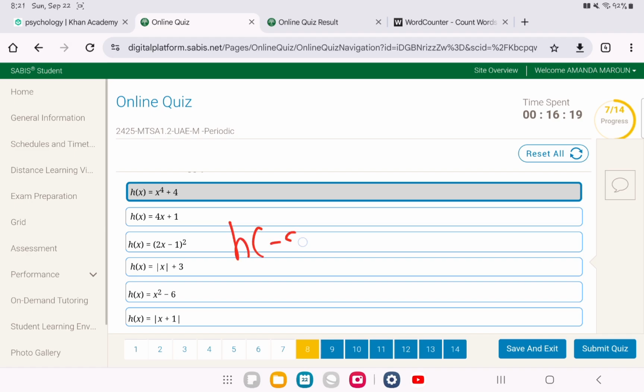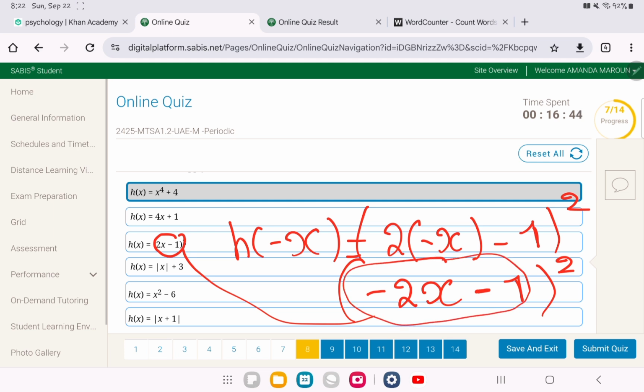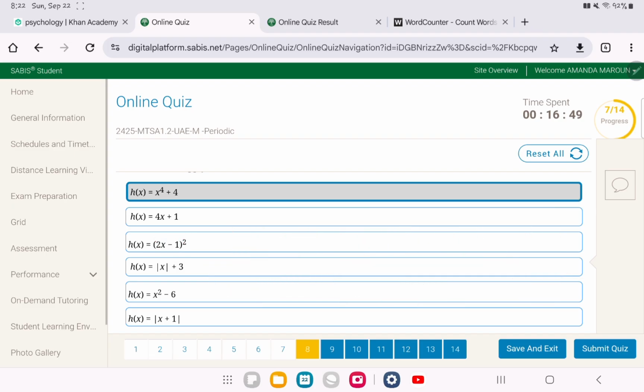We're going to take h(minus x). h(minus x) is equal to (2 times minus x minus 1) to the power of 2. Okay, so then we're going to get (minus 2x minus 1) to the power of 2. And definitely 2x minus 1 is very different than minus 2x minus 1, so it is not even.